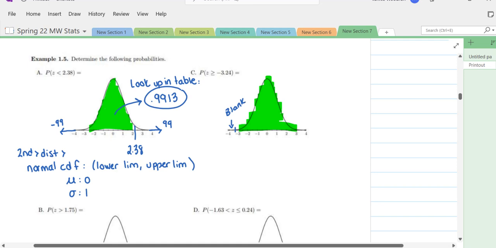When I color this in, this area right here is blank. Okay, so if I'm going left to right, this is negative 3.24 on the left, and it would be a positive 99 on the right. So my command on the calculator would be normal CDF, and then my lower limit would be negative 3.24. My upper limit would be 99. And then let's see what that gives us.